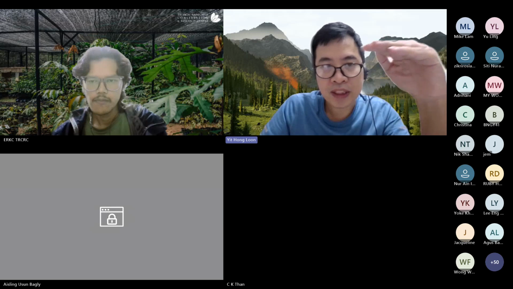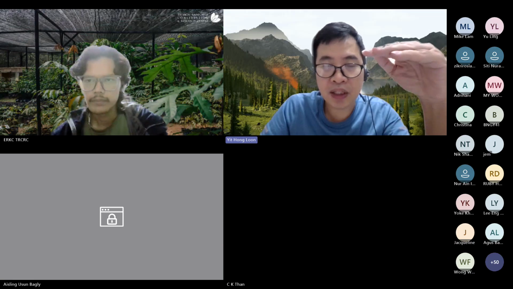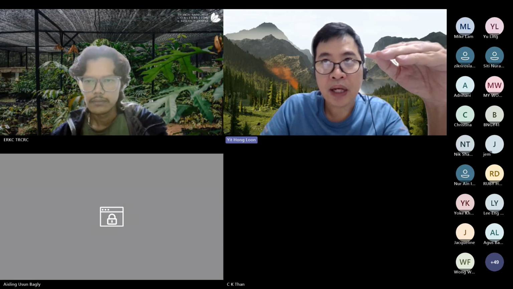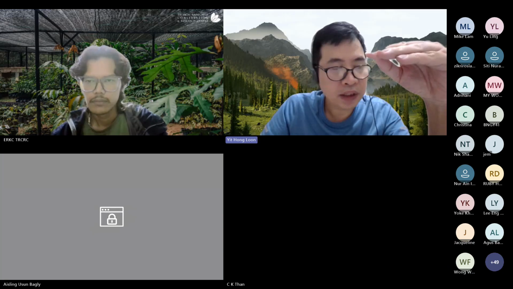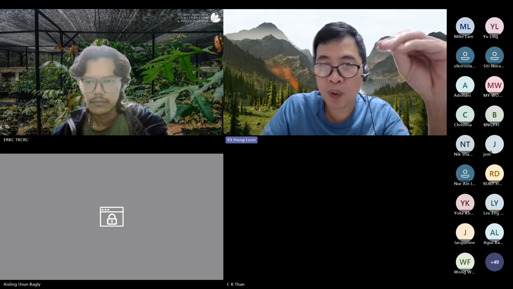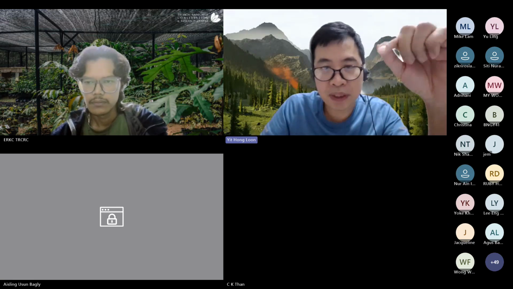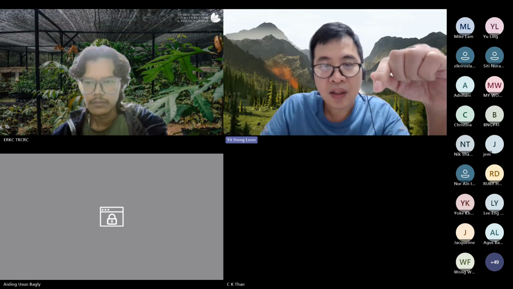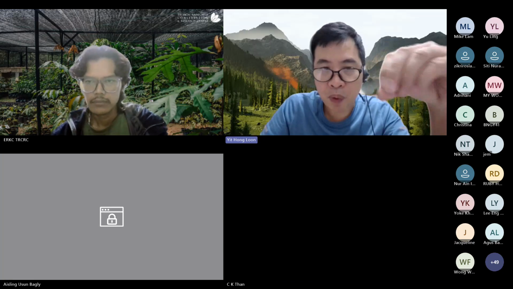When it reaches a certain height and meets certain conditions like suitable moisture or temperature, the fungi will start to grow from inside of the ant, and they will spread the spores.